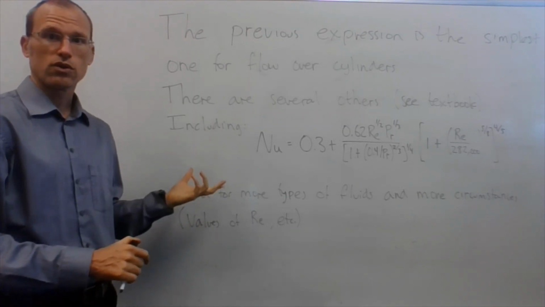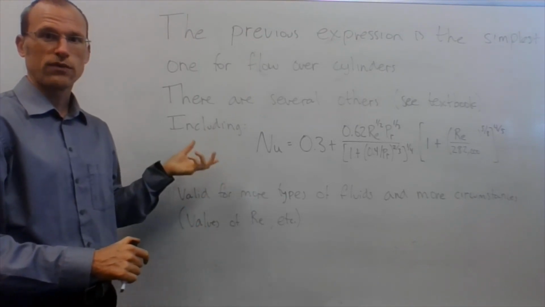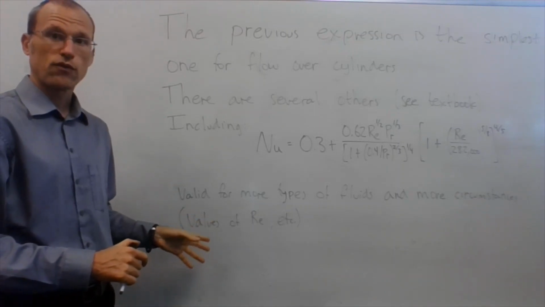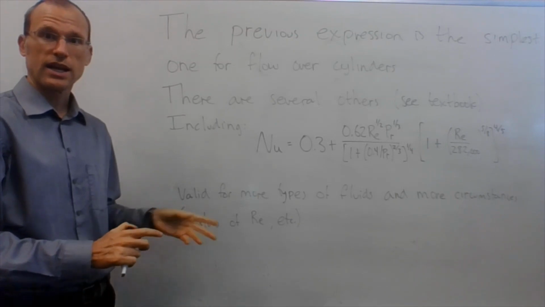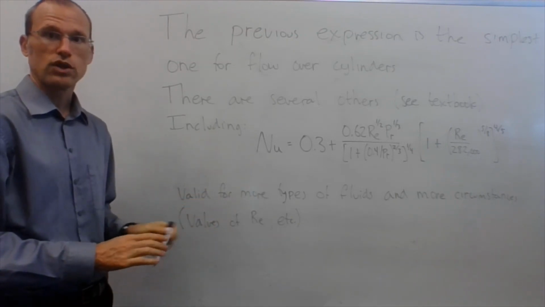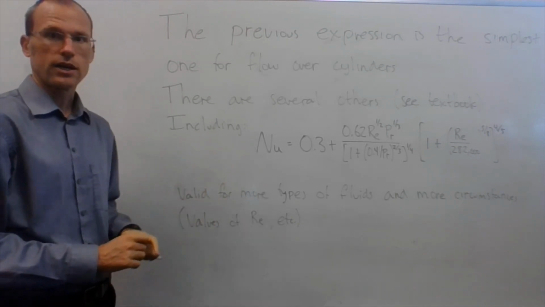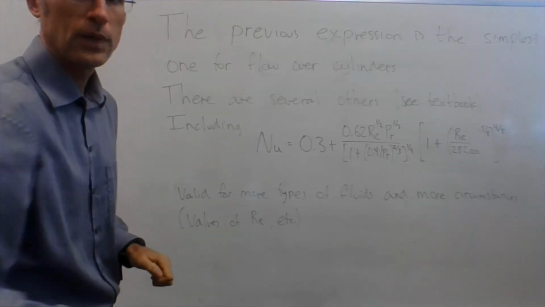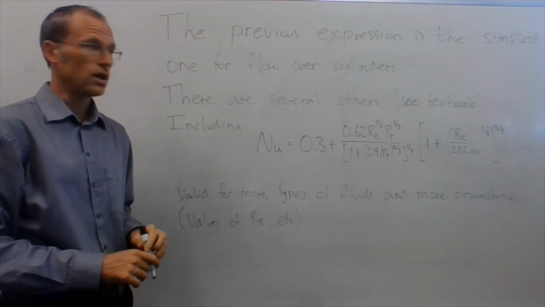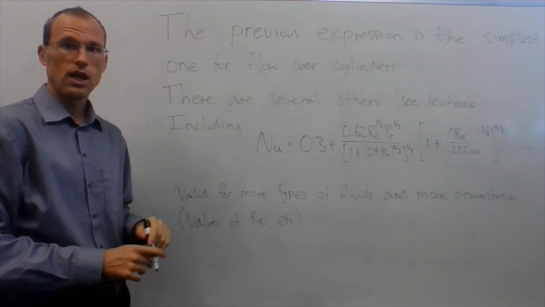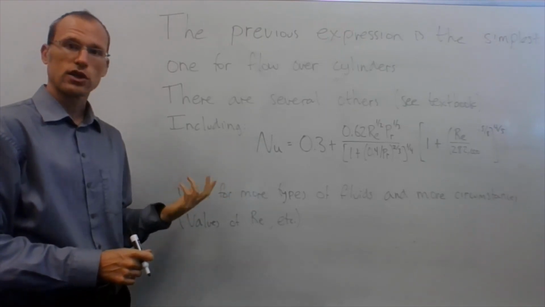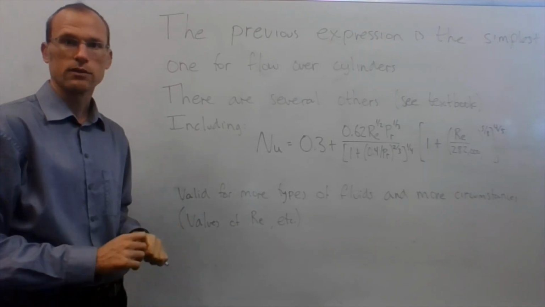The table we saw before started at a Reynolds number of 0.4 and only went up to 400,000. This is valid for larger ranges, so if you're outside those ranges, this is a good one to use. You can also use it in general, even if you're in those ranges, it still works as well. It should give you values that are fairly close to the values the table will give you.